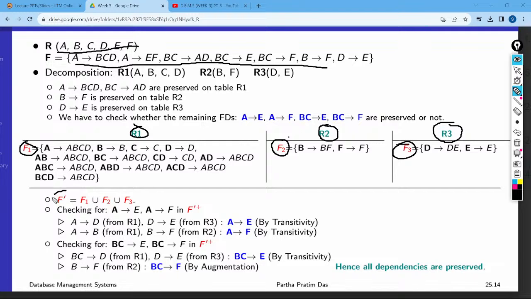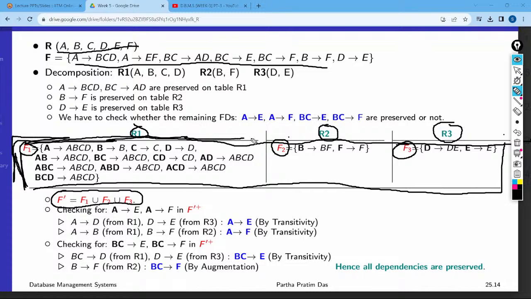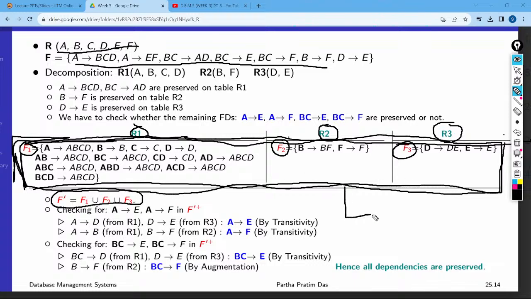Now what you did was you united all of them. This huge thing is just a single set. Remove all the boundaries. This is just a single set. Once you did that, you called it F dash.